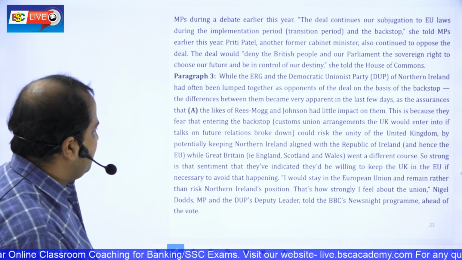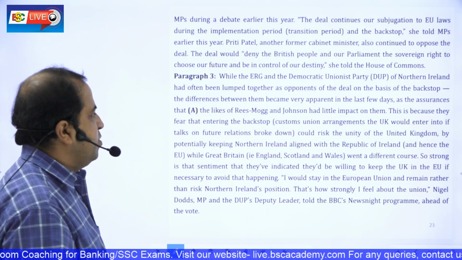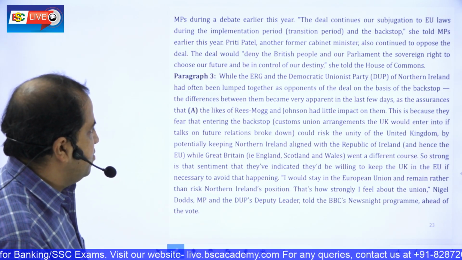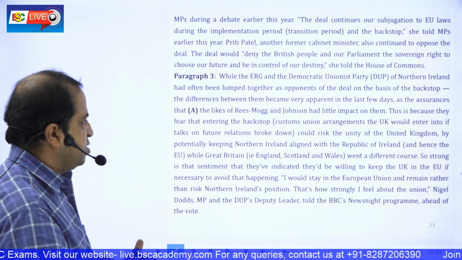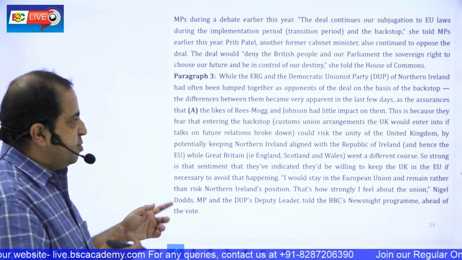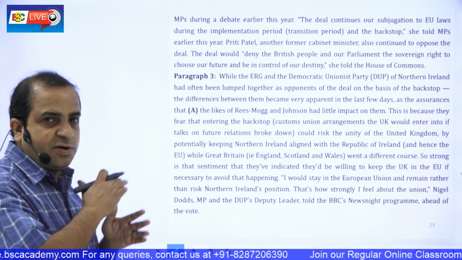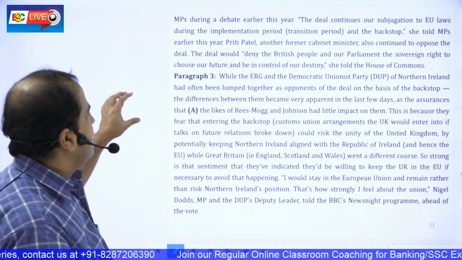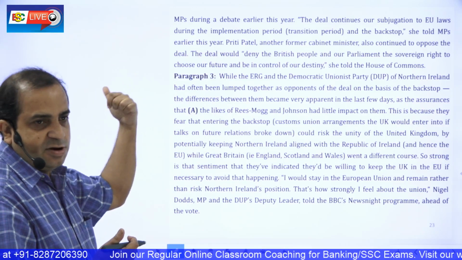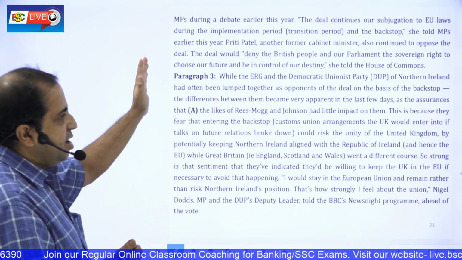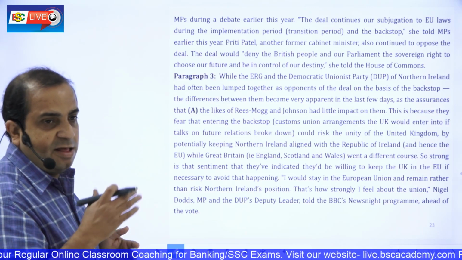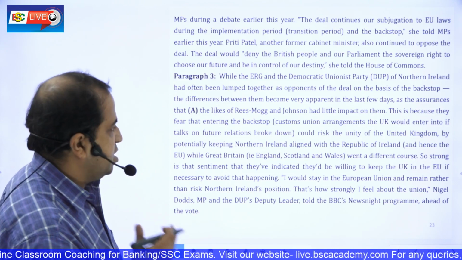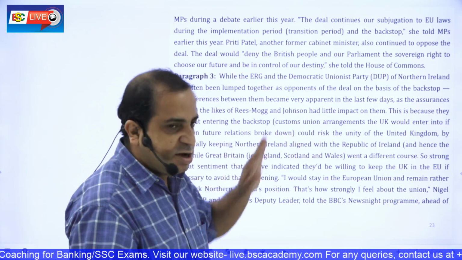This is because they fear that entering the backstop, customs union arrangements the UK would enter into if talks on future relations broke down. The backstop is what? इसमें ये है कि अगर आगे फिर कुछ हो गया बढ़िया तब तो ठीक है, नहीं तो कम से कम backstop तो रहेगा, that the barrier would not be broken down. And so Northern Ireland and Ireland country, उनके बीच होता रहेगा, customs union arrangements रहेगा.